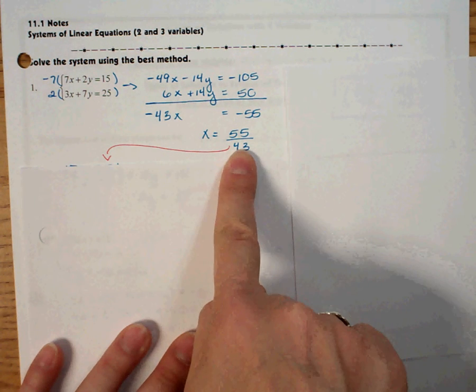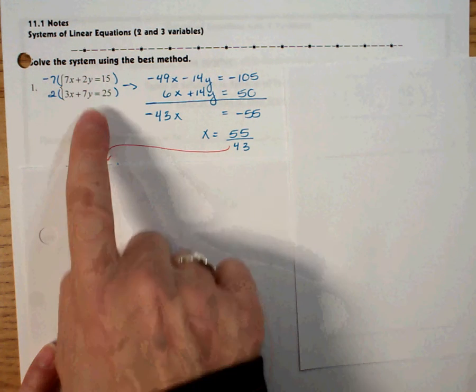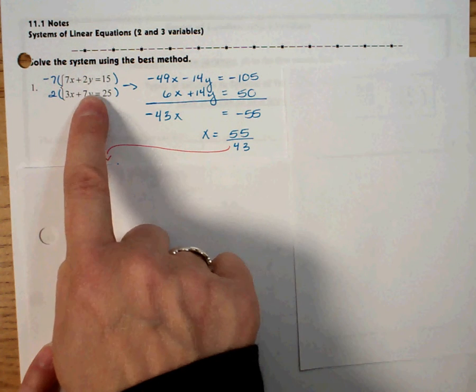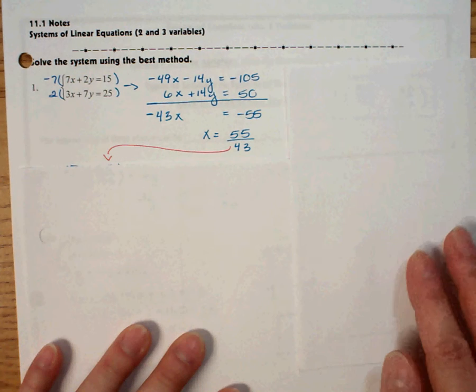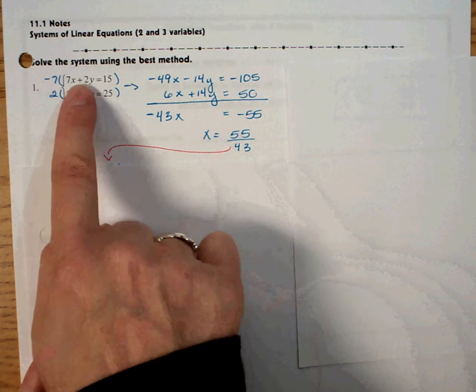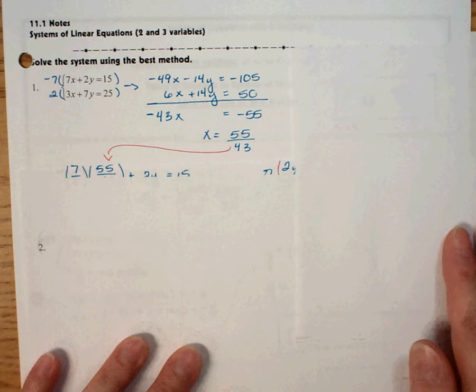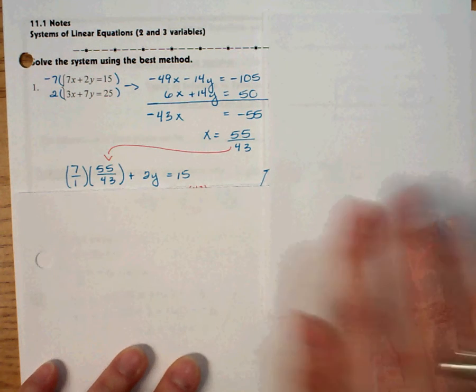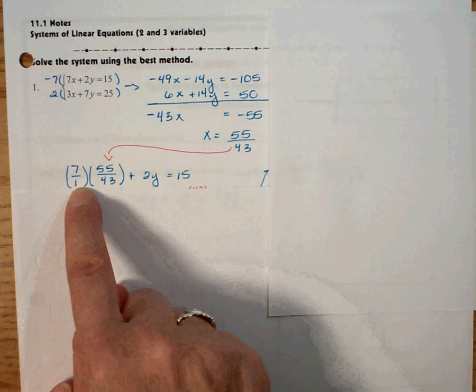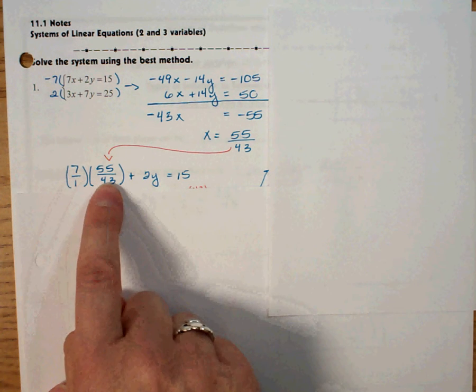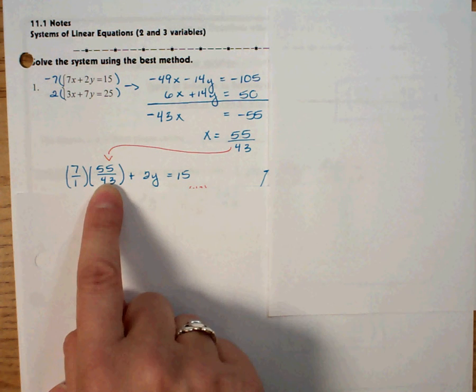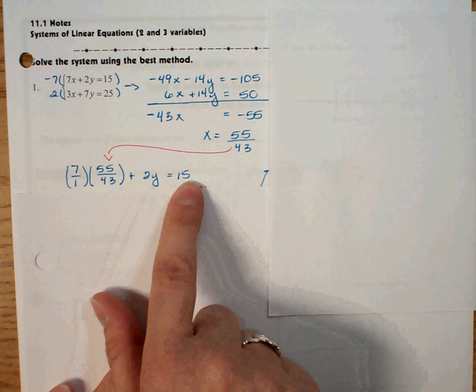Once I solve for one variable, I can plug it back into either one of my original equations. It does not matter which one. I take the x and I either substitute it into x on the first equation or in the second. So when I substitute that in, I've chosen the first equation, so I have 7 times my strange looking answer for x plus 2y equals 15.